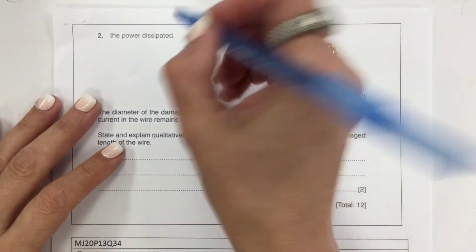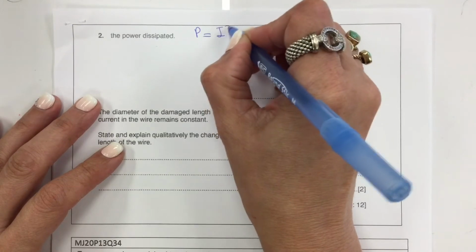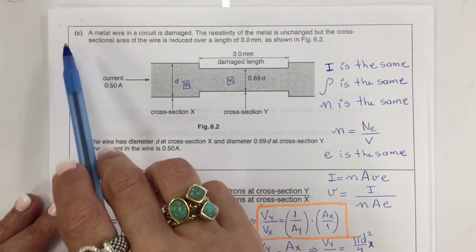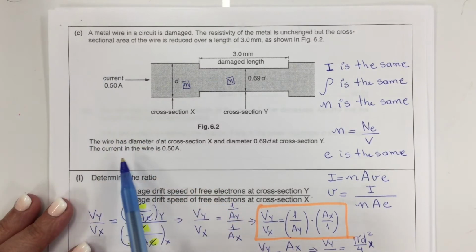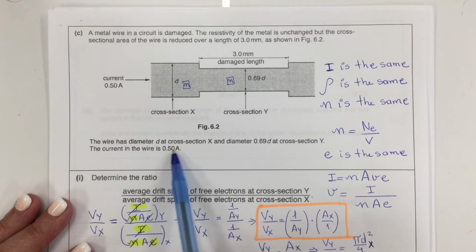So I'm using this formula here. P is equal to I squared times R. On the question section C, the current was provided. The current in the wire is 0.5 amps.